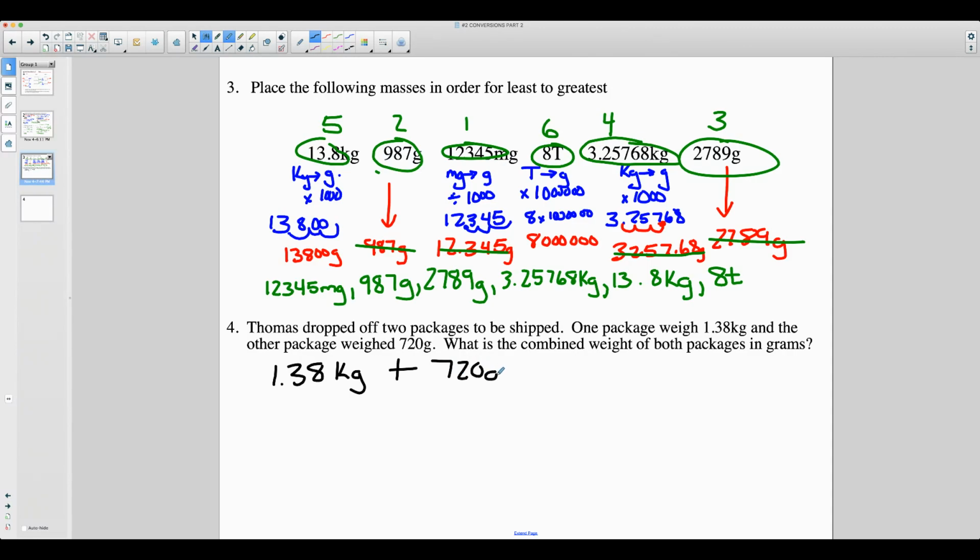Now, they want the answer here in grams. So what should we do? Well, this value here, we need to convert to grams. So what we would do here is we're going to go to kilograms, to grams is times 1,000.